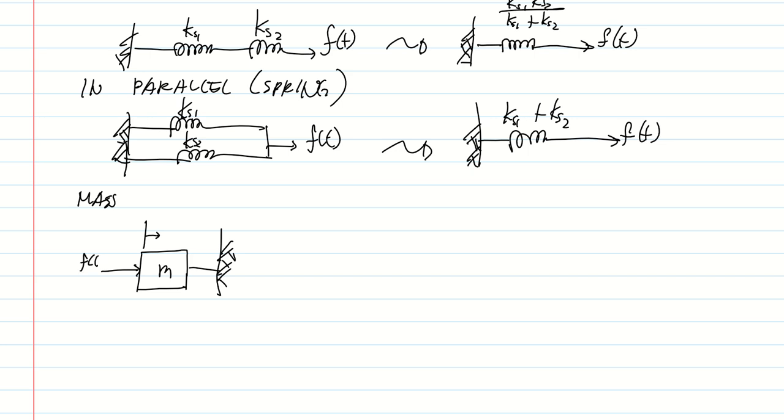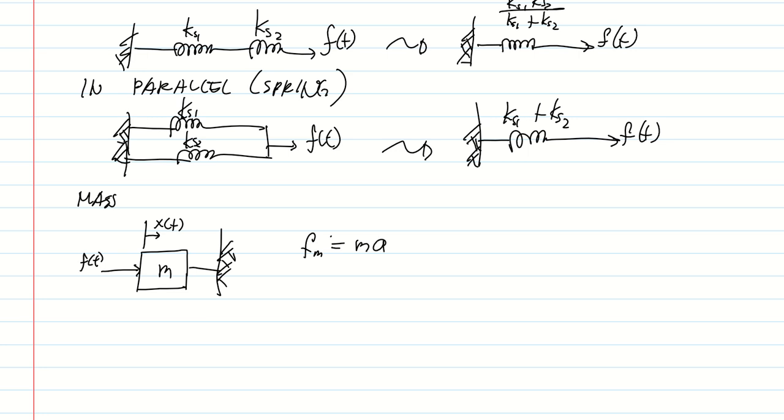If this is f of t, then this is x of t. Then there's an opposing force due to that mass, which we can call f of m. According to Newton's law, that's equal to the product of the mass and the body's acceleration.